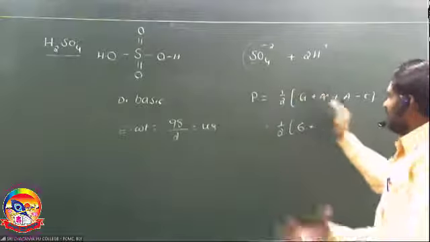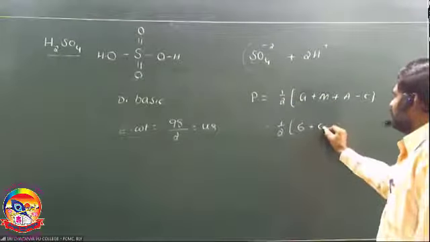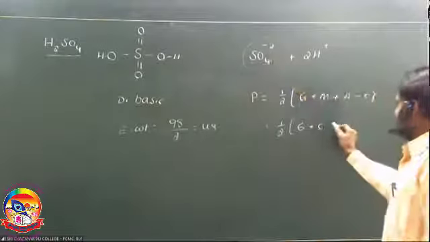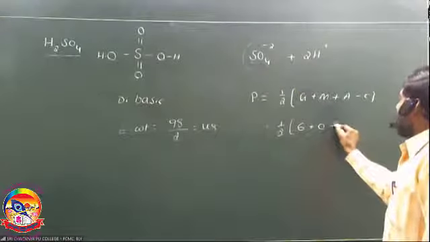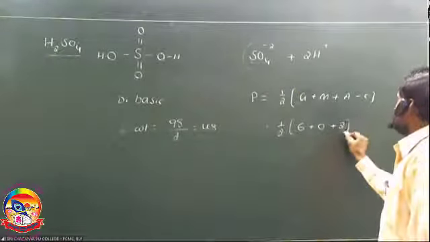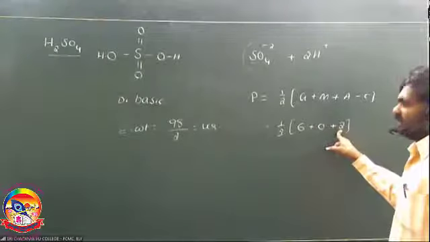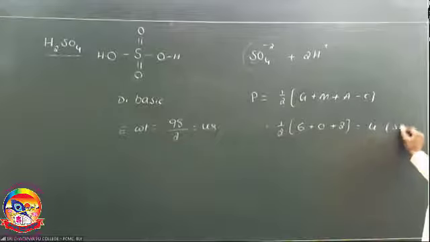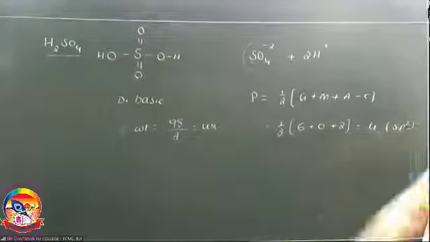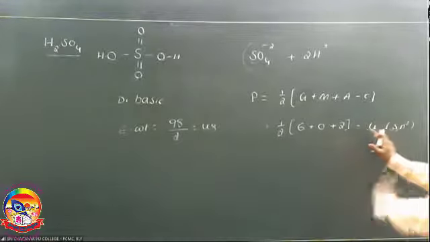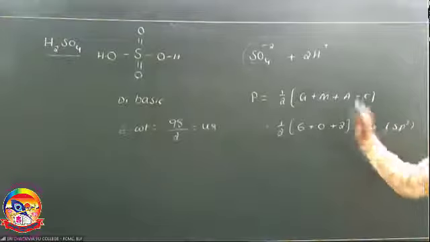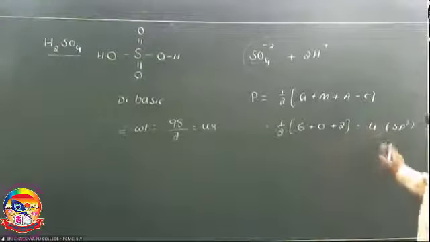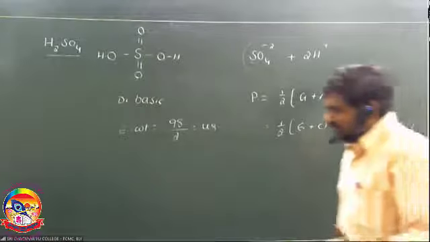Oxygen is divalent, so the number of monovalent atoms is 0. It is an anion carrying 2 units negative charge, so add the negative charge. 6 plus 2 is 8, 8 by 2 is 4. So the hybridization of sulfur in sulfate ion or sulfuric acid is sp3.